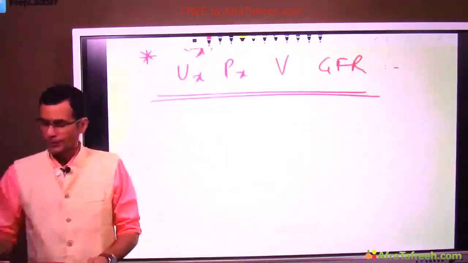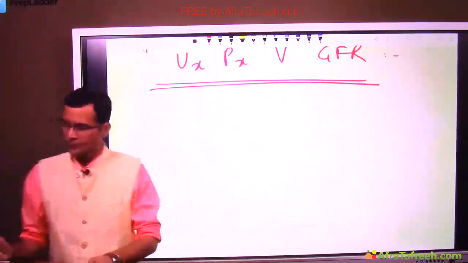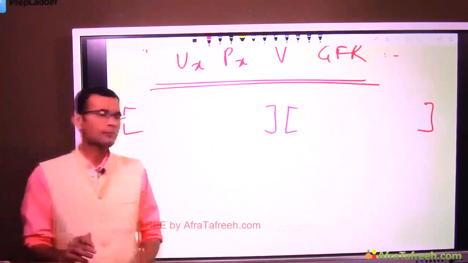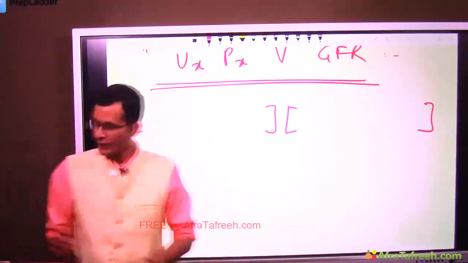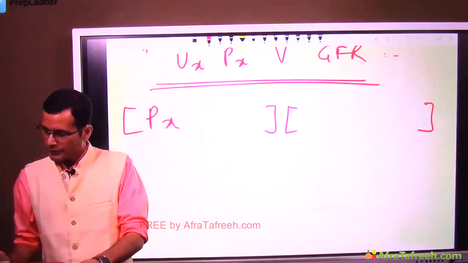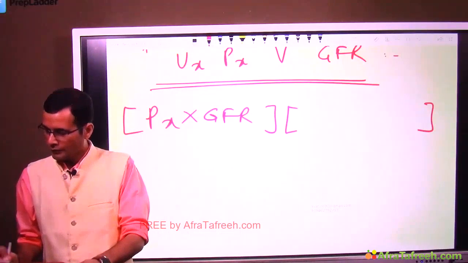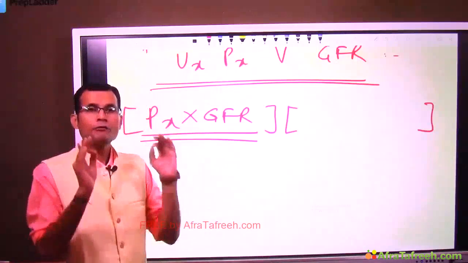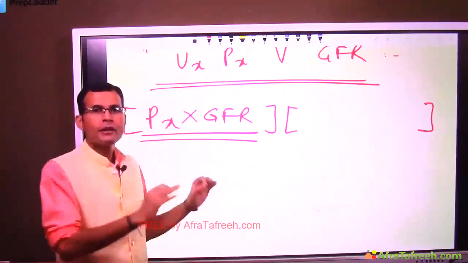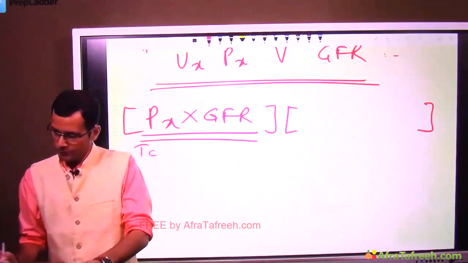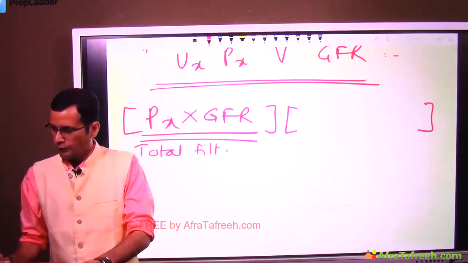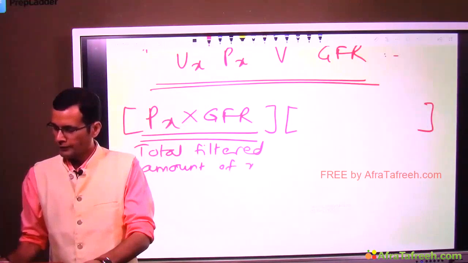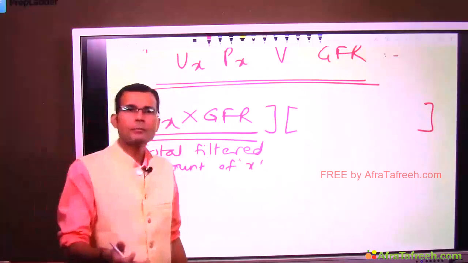Okay, listen to this. Make two brackets. If you see such a question, make two brackets. In the first bracket, you will write Px into GFR. This is the total filtered amount of X per unit time, per minute.